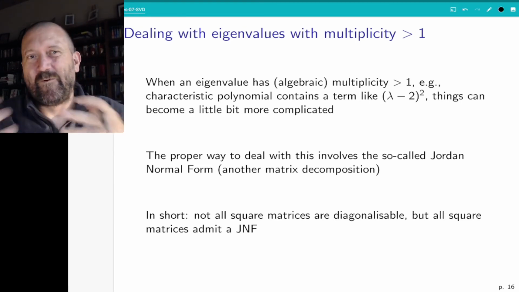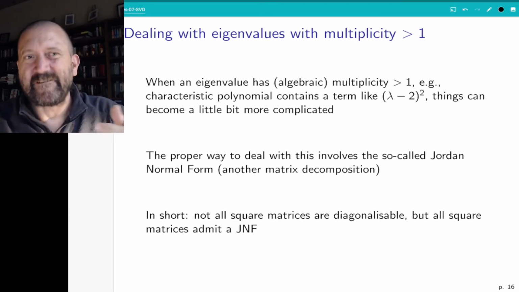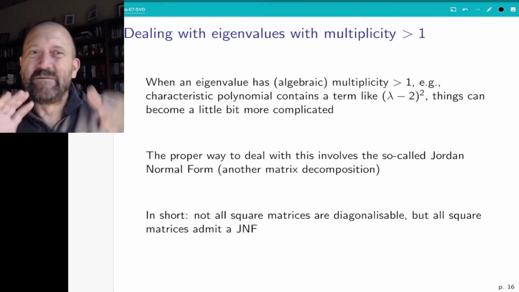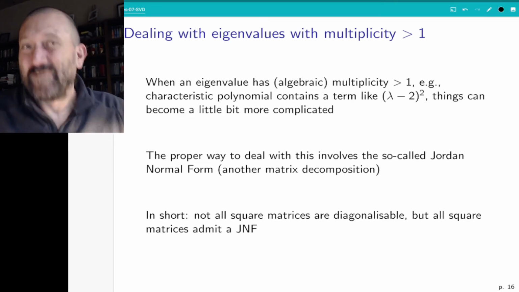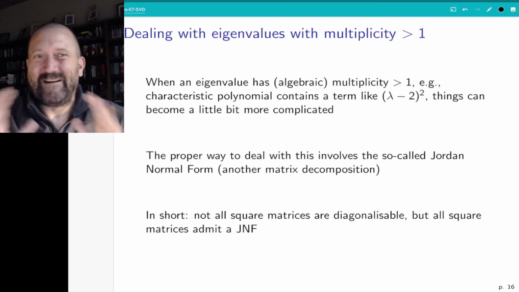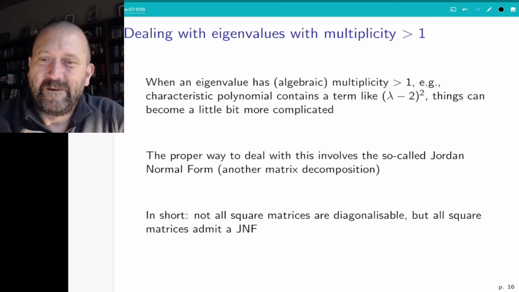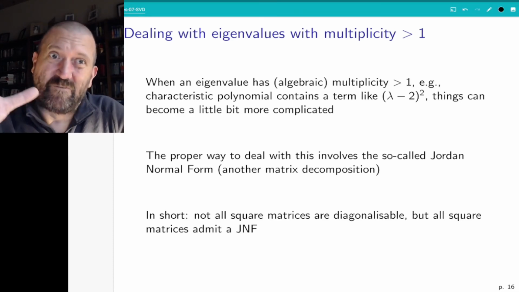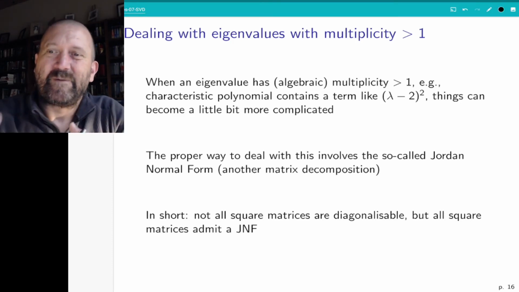It gives us a form of the matrix where essentially things are diagonal modulo the fact that some things are not. I don't want to get into the precise details, but that's the idea. So just be aware that when the multiplicity is larger than 1 for an eigenvalue, it becomes a bit complicated.